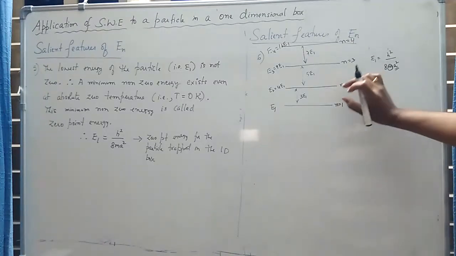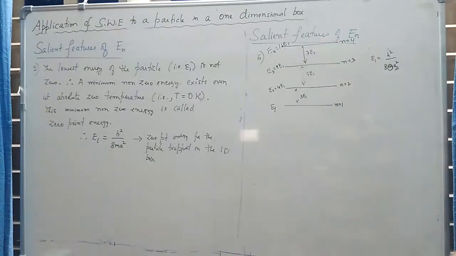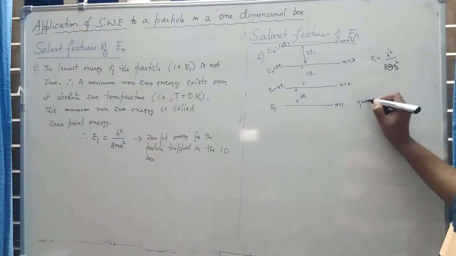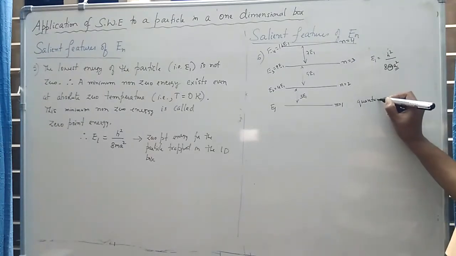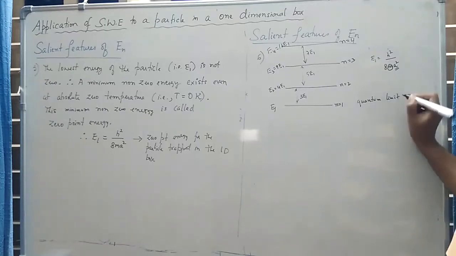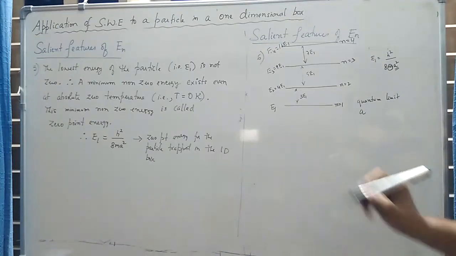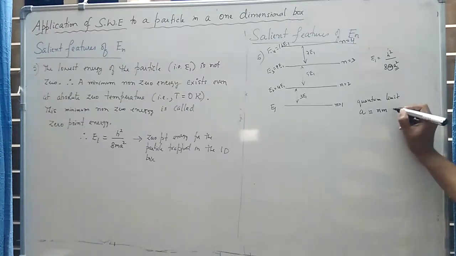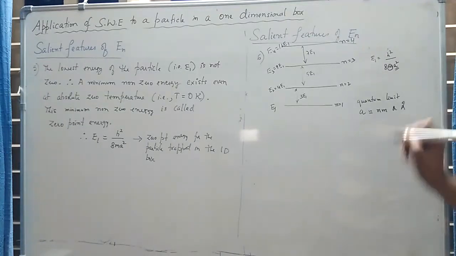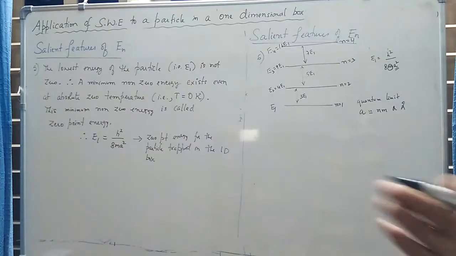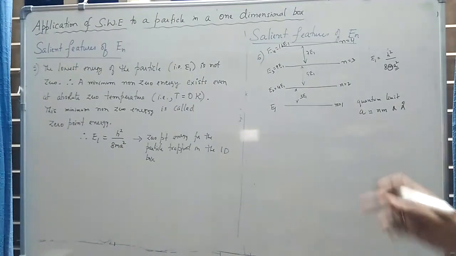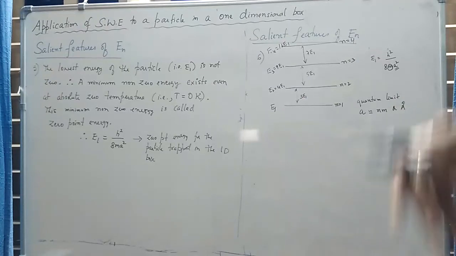So this is the quantum limit, where the length of the box is roughly of nanometer or in the order of angstrom, that is the dimension of an atom or a molecule. So this is the quantum limit in the microscopic world.